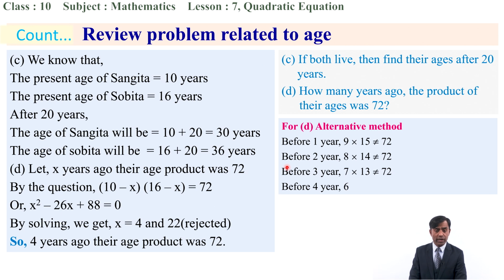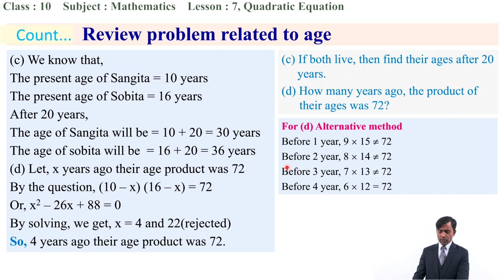And before 4 years, the age of Sangeeta is 10 minus 4, 6, and 16 minus 4, 12. 6 multiplied by 12 is 72. Look here: 4 years ago their age product was equal to 72, which means age of Sangeeta was 6 years and age of Sobhita was 12 years.